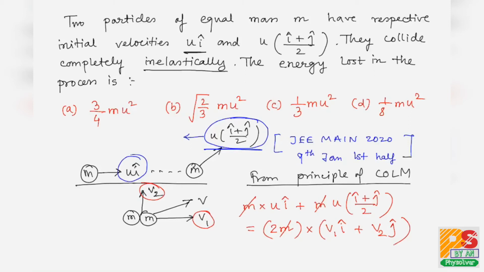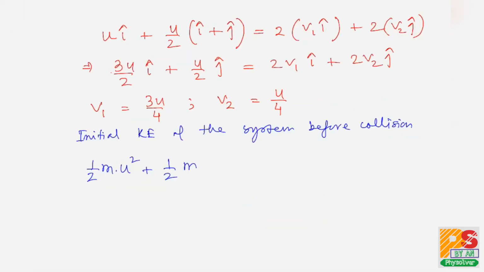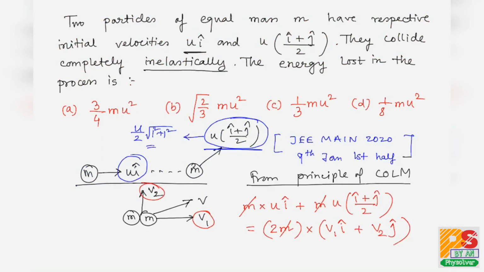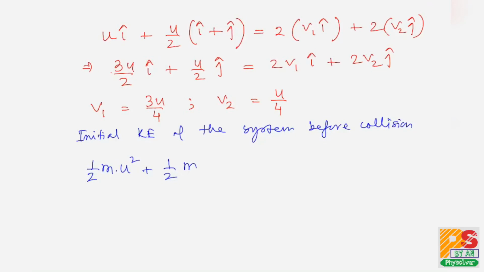The magnitude of this is nothing but u by 2 into root over of 1 square plus 1 square, that is u by root 2, right? So half m (u by root 2) square.